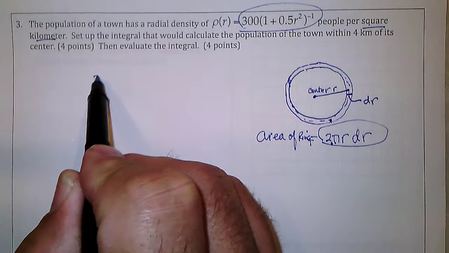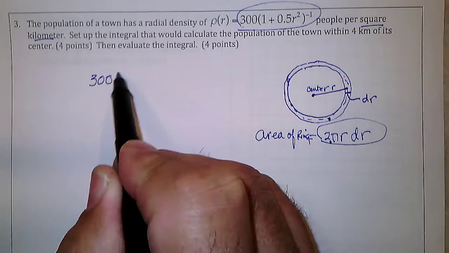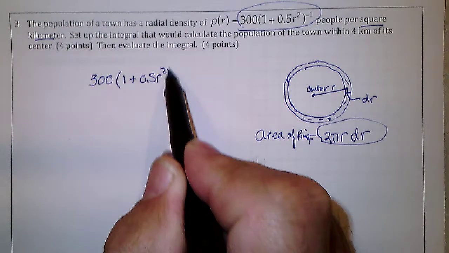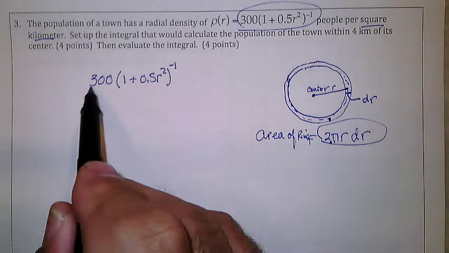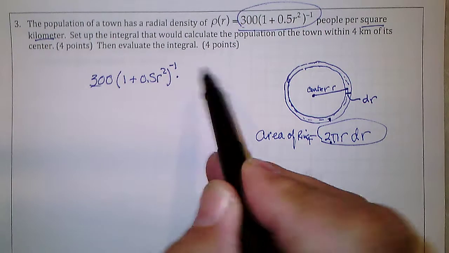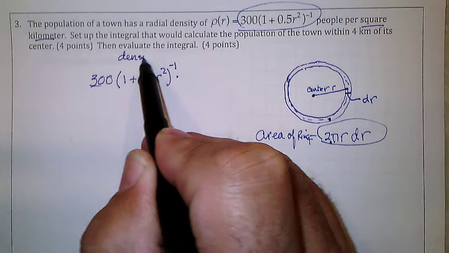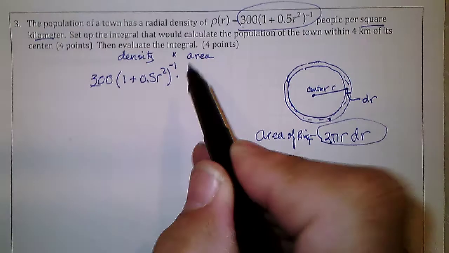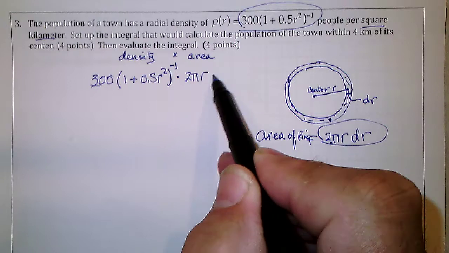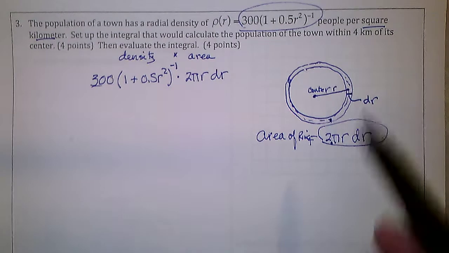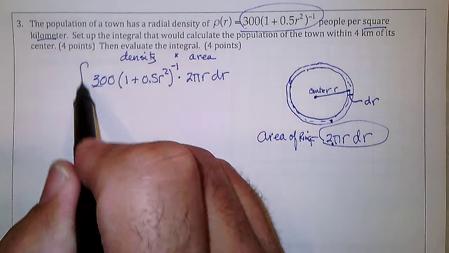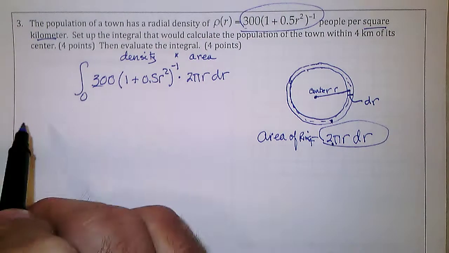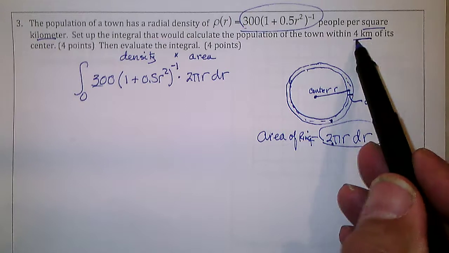So we would take 300 times 1 plus 0.5 r squared to the negative 1, the density, times the area, and the area is 2 pi r dr, and then we just have to add up all the rings, starting from the center of the city and working our way out 4 kilometers out.